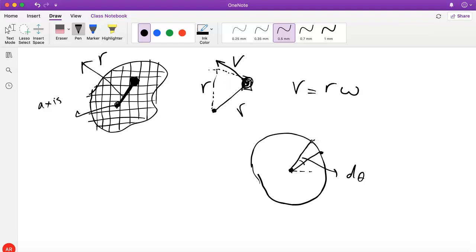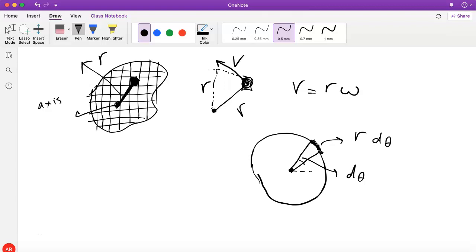So what is the length of this piece of the circle from here to here? We know that the perimeter of the circle is 2 pi r. 2 pi is 360 degrees. That's the full angle here. And we know that the length is proportional to this angle. So this must be r d theta.